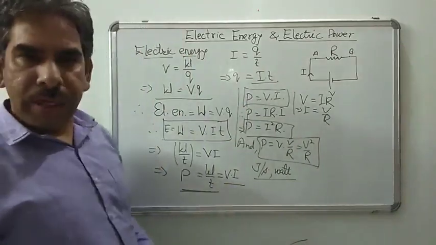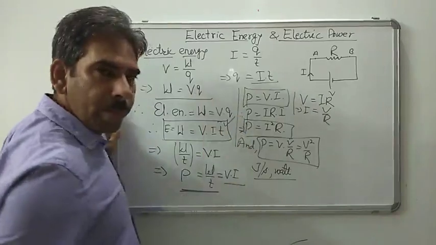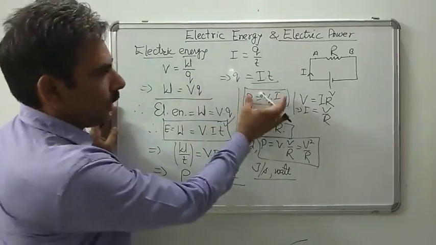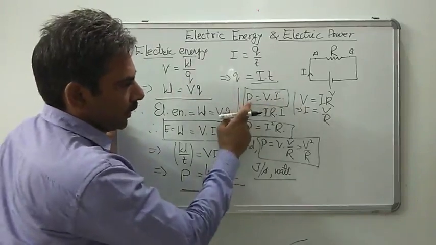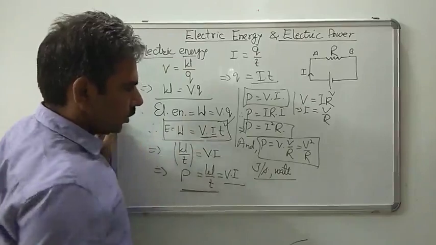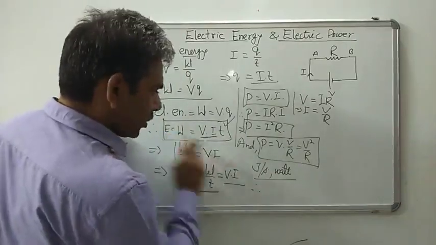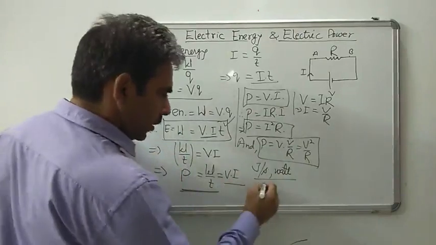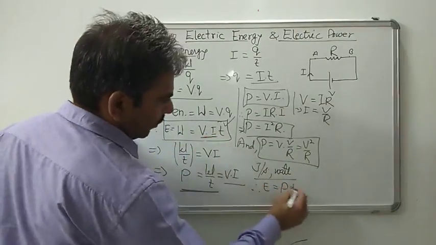If we have to calculate the energy which is consumed, we make use of this formula. V into I is nothing but the power, so we can substitute the value for power. Therefore the energy consumed or spent is equal to power into time t.